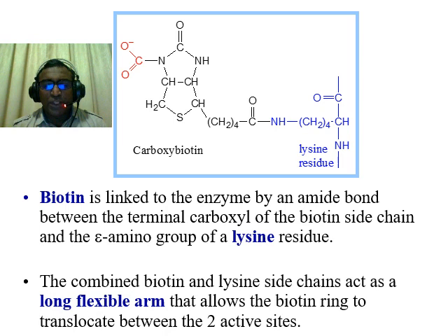Here is shown the long flexible arm that allows the carboxybiotin formed in the first active site to be transferred to the second active site of ACC for the reaction to take place with acetyl coenzyme A. And as you can see, the long arm, which is the non-protein part of the biotin, is attached to the protein portion by using a lysine residue.